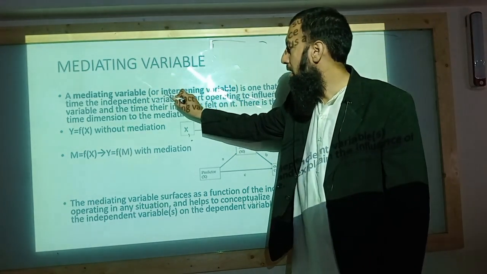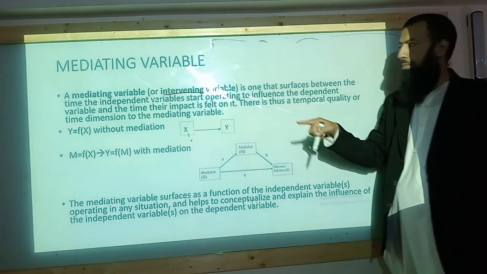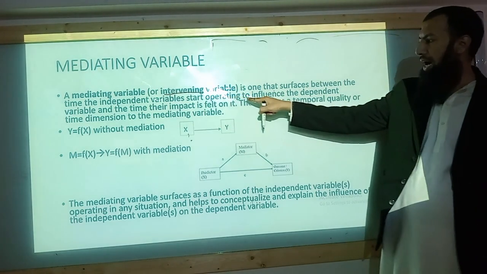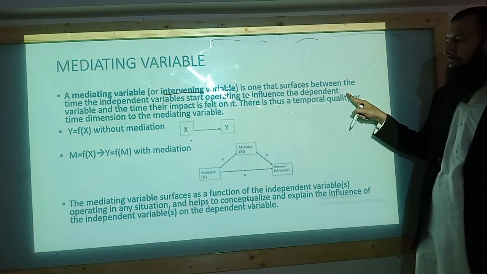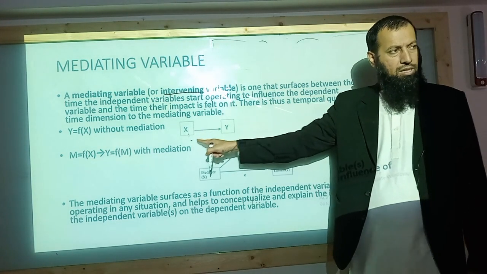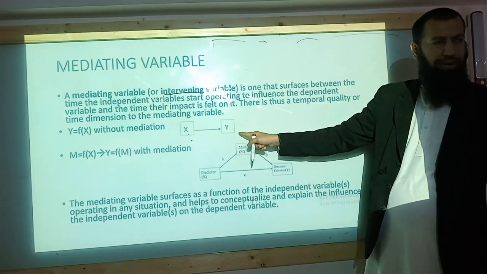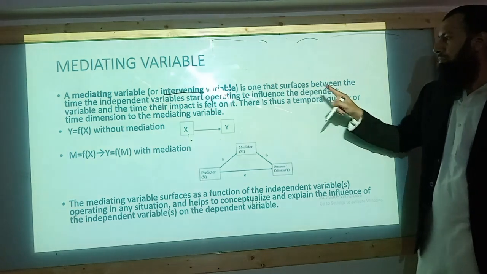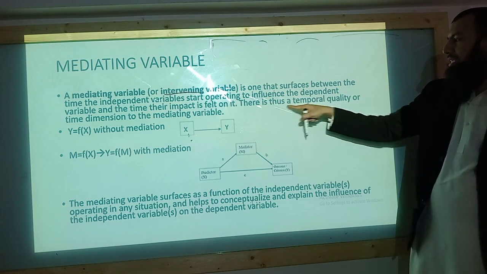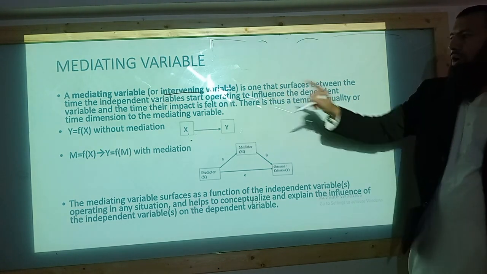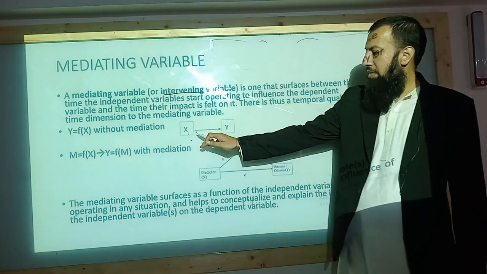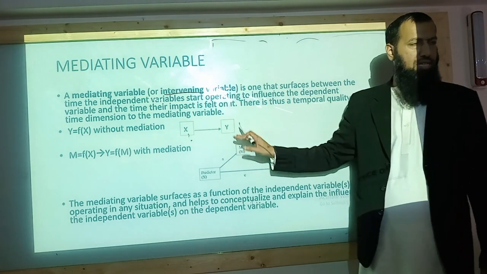It is one that surfaces between the time the independent variables start operating to influence the dependent variable, and the time their impact is felt on it. There is thus a temporal quality or time dimension to the mediating variable.